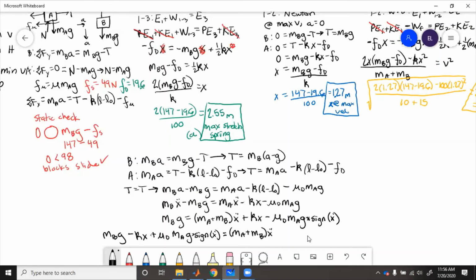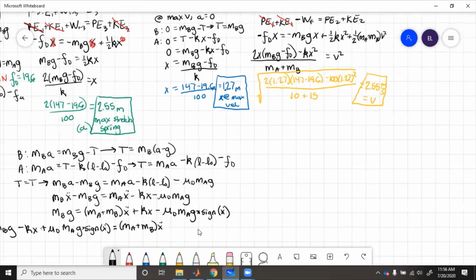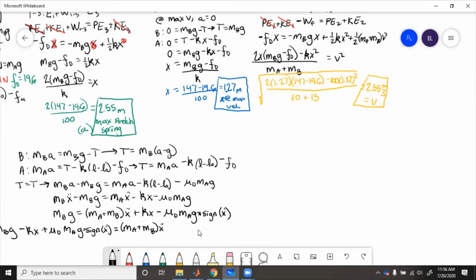So to express this graphically, we want x double dot, then we integrate to get x dot. We integrate again to get x.